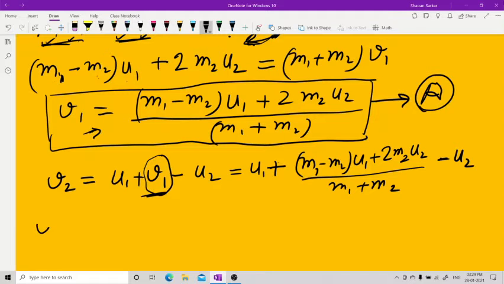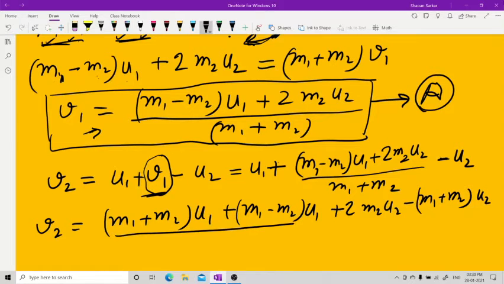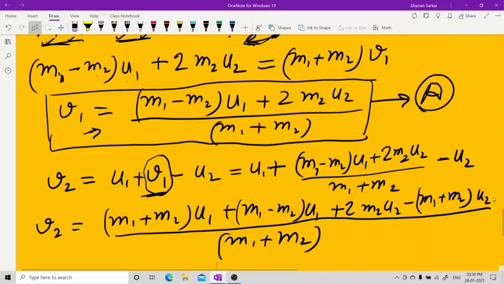Now take LCM. v2 equals m1 plus m2 u2. Now open up everything. Now you have m1 minus m2 u1, plus 2m2 u2, minus m1 plus m2 u2. This LCM has been taken and this is your m1 plus m2. Now you have to cancel the parts which are possible, and then we'll have the final expression.